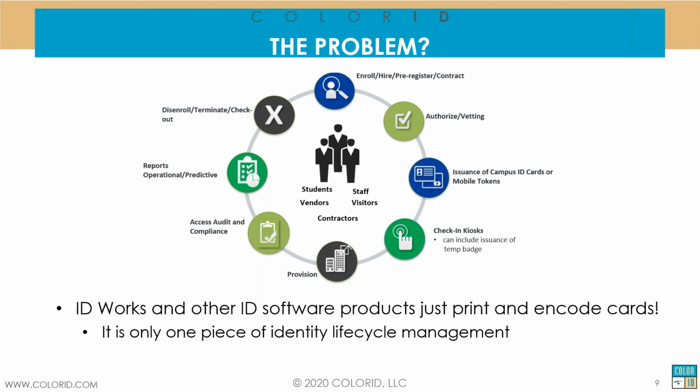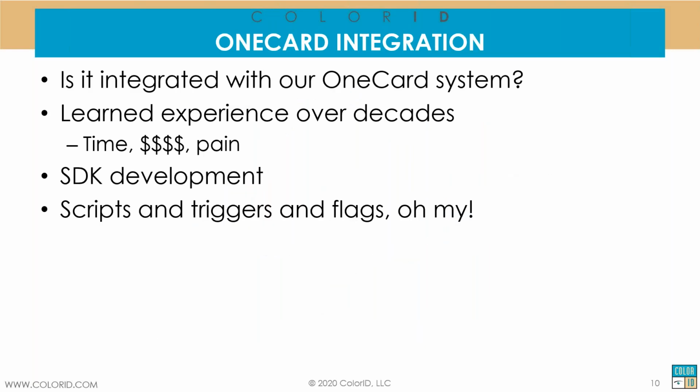They all have some identity within your system, and it can be managed, it can be tracked, it can be controlled. If there are changes, you can make those. Now, as I'm describing this process, it's very clear that this is way beyond what IDWorks and other ID software can handle. They can print and encode cards, but that's only one piece of identity management.